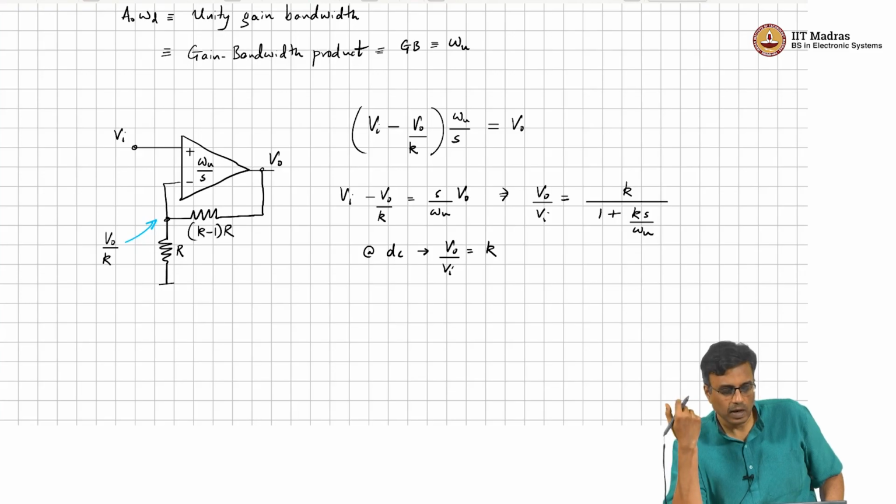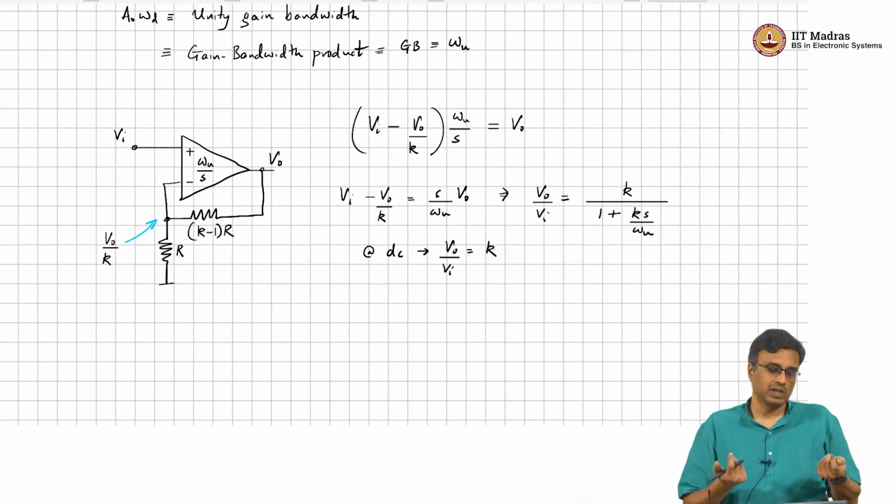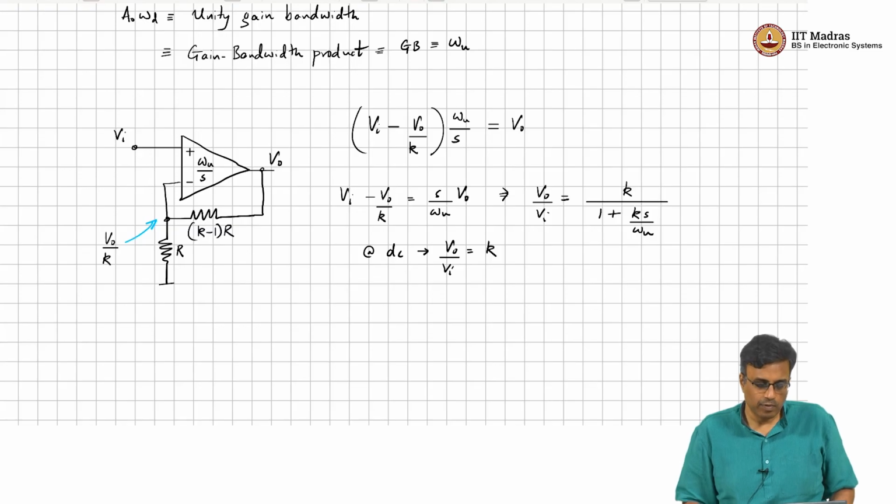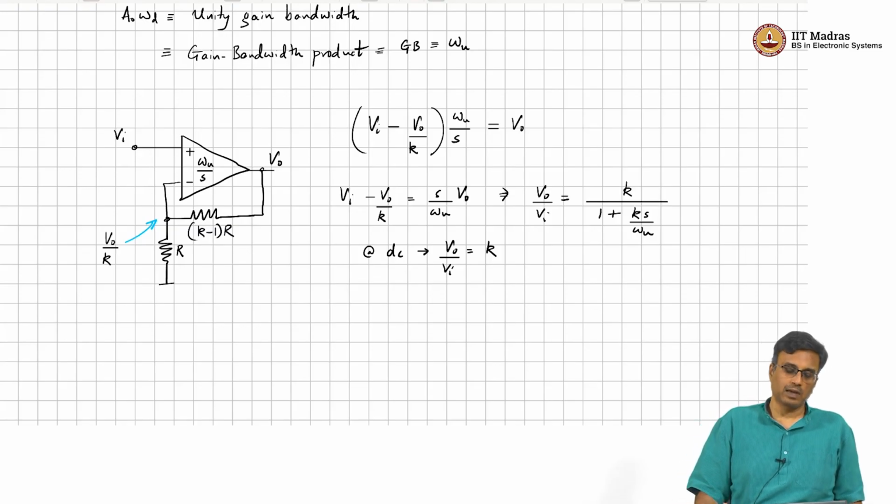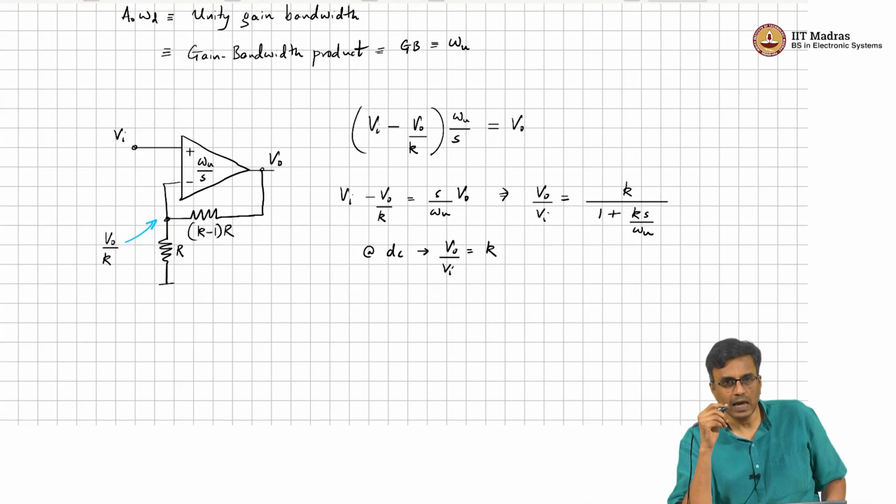It's infinite, okay. So, therefore, virtual short is valid. So Vi basically must be the same as Vo by K, which basically means that Vo is K times Vi.